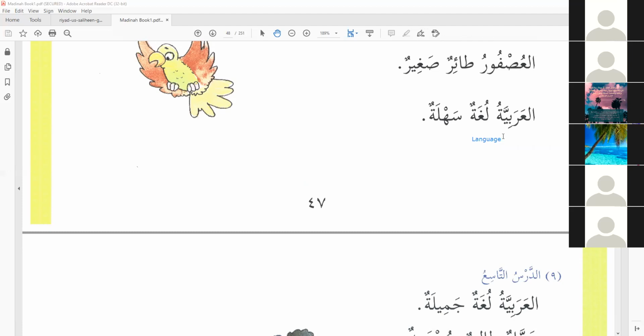Excellent job. Now, these are some new words here. We have lughatun, which means language, and sahlatun, which means easy. Look at how they're trying to encourage you. So, al-arabiyatu lughatun sahlatun means that Arabic is an easy language. MashaAllah. And here, al-arabiyatu lughatun jamilatun. I think we had jamil before. It means beautiful.